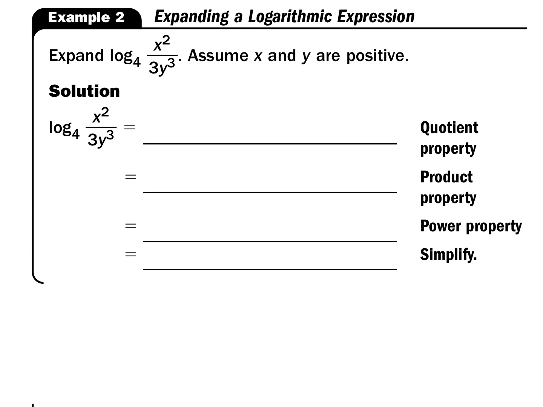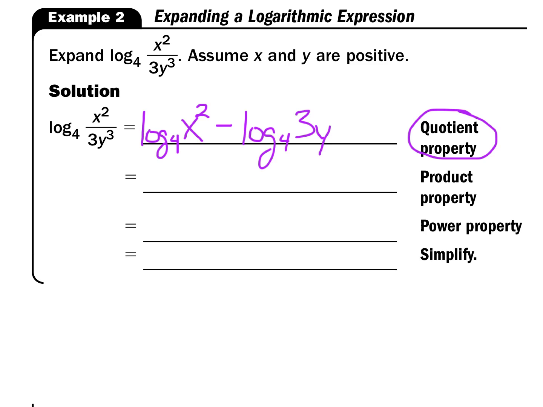So not only do I have a quotient there, I also have a product, and I also have exponents. So I'm going to start off with my quotient property. So that splits into log base 4 of x squared minus log base 4 of 3y cubed.